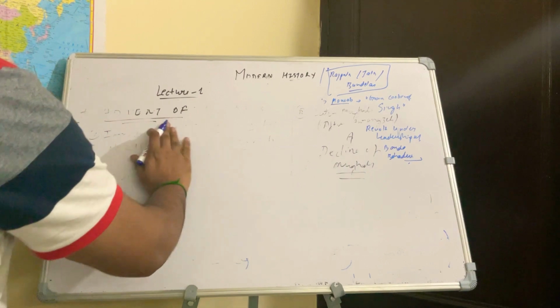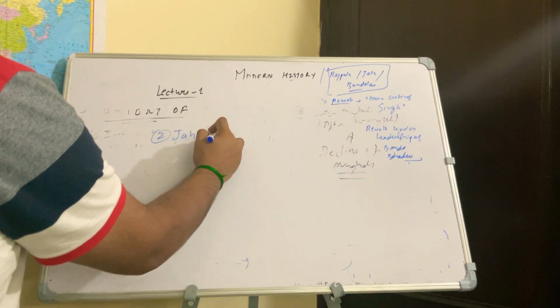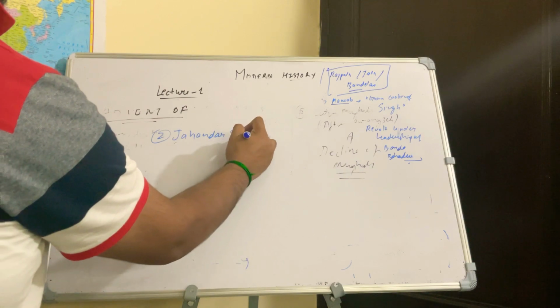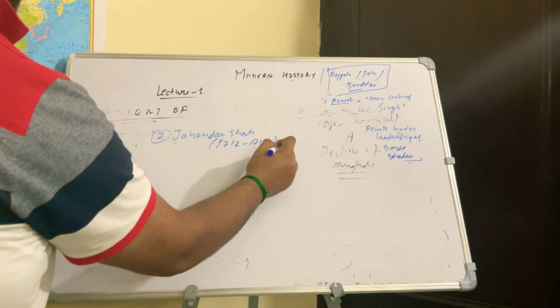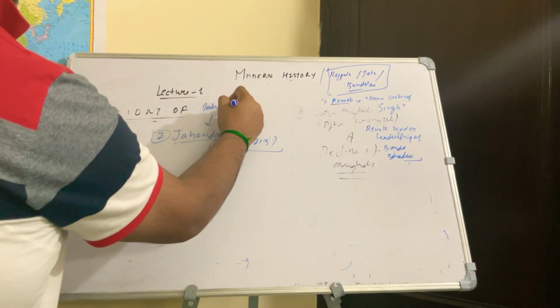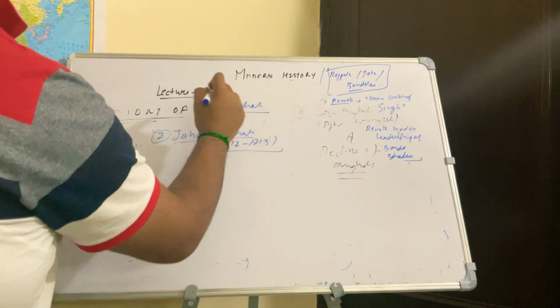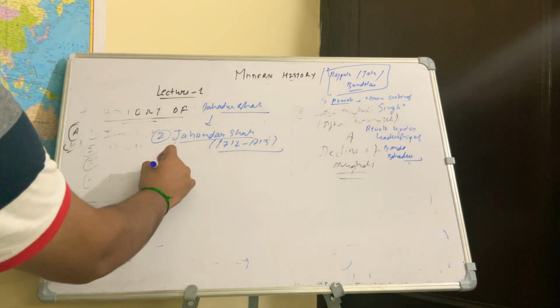Second, Jahandar Shah, 1712 to 1730. He was just after Bahadur Shah. Write down the very first point.